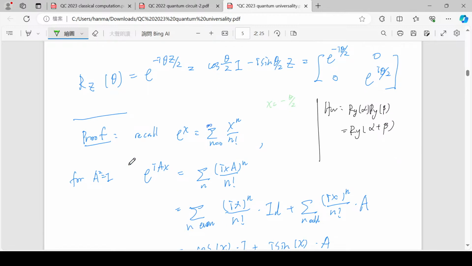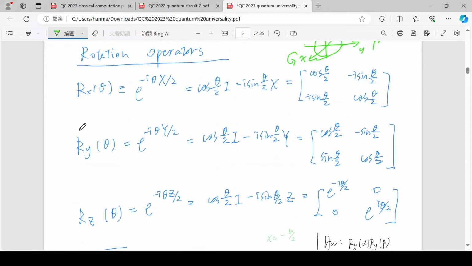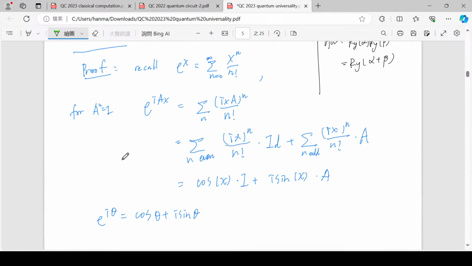Then we do our exponentiation of our matrix A times a number x, and we need to use the fact that A squared equals identity, which is true for every Pauli matrix X, Y, Z here.